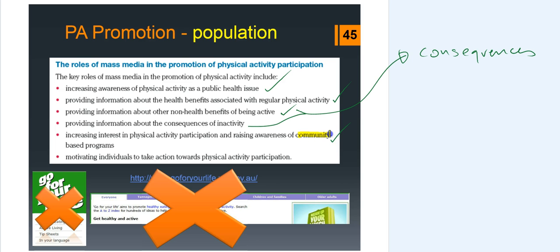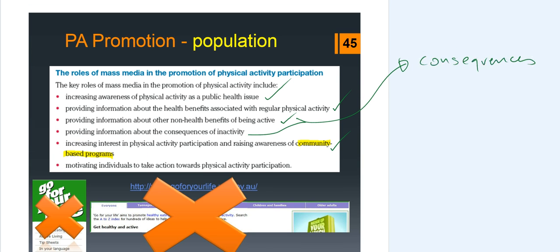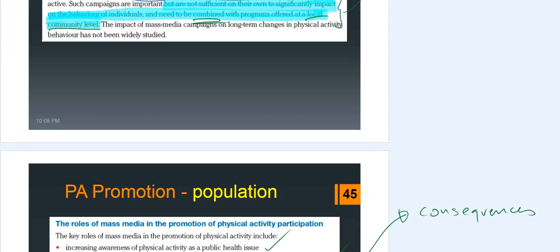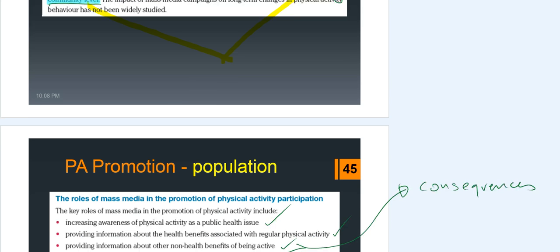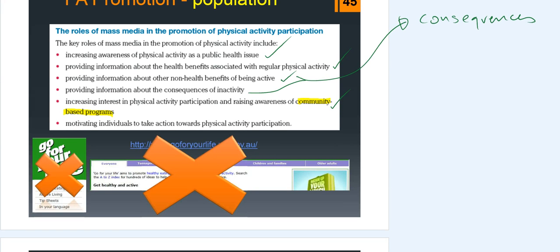So this one here, the community-based programs, just relating back to our previous slide that has said that mass media on its own is not enough, and it does need to be combined with local community support and motivating people enough to actually take action.